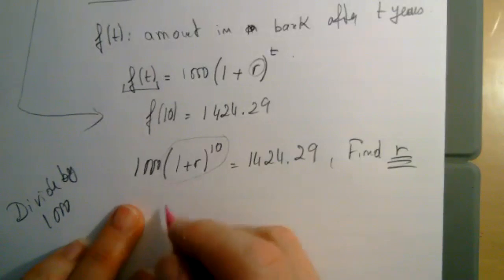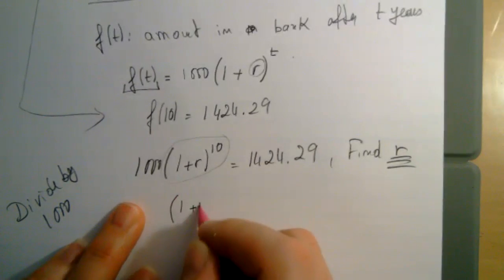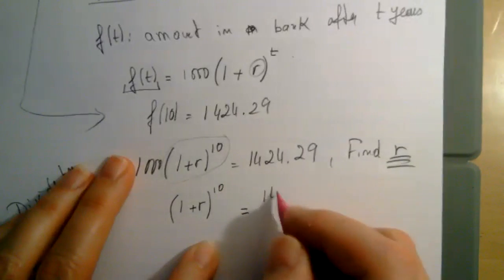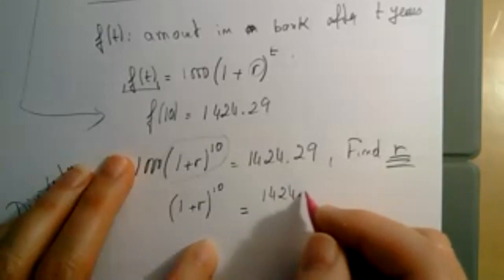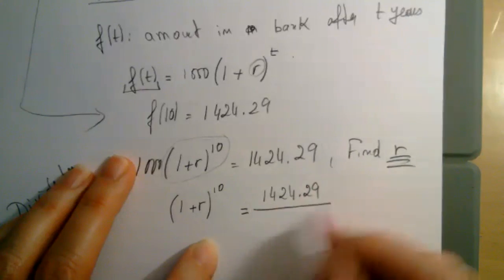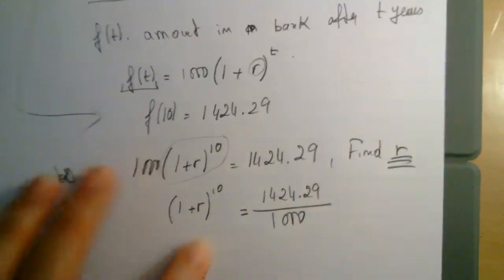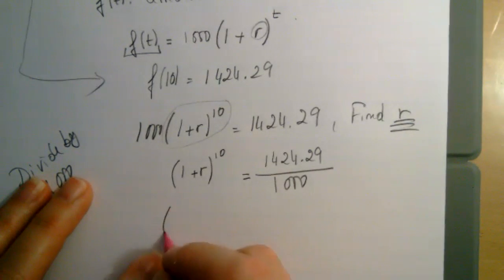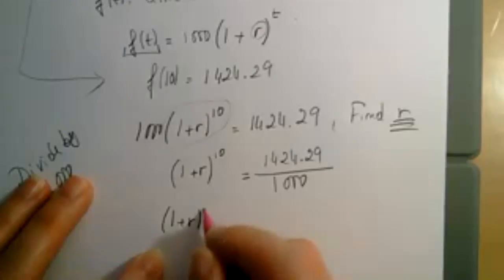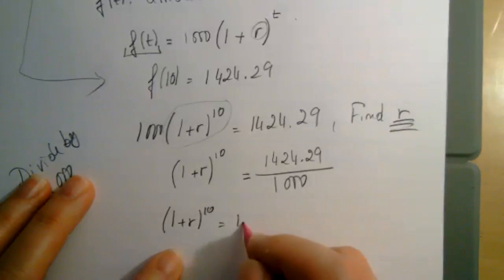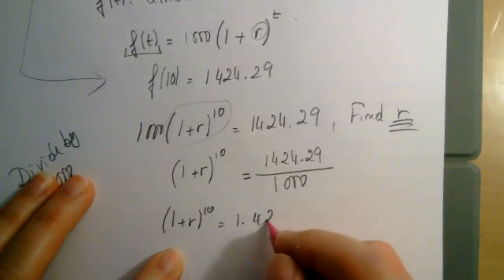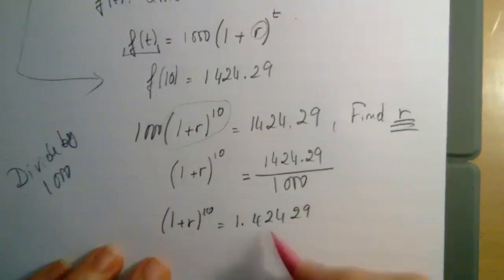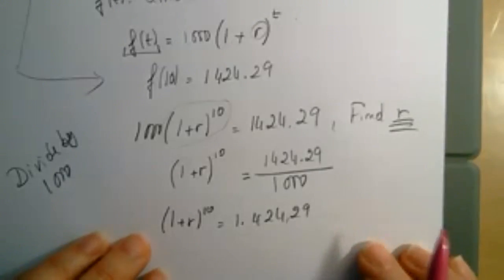This is going to give me 1 plus r to the power 10 is 1,424.29 divided by 1,000, which is 1.42429. Okay, just use your calculator in case you have any problem with that.